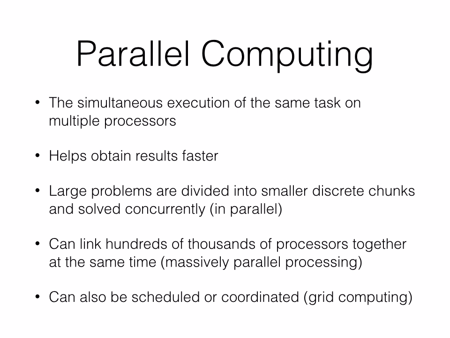So parallel computing is simply the simultaneous execution of the same task on multiple processors. This helps us do things faster. That's the number one reason we do parallel computing. It helps us take large problems and divide them into smaller, discrete chunks, solve those discrete chunks concurrently, and then bring it back into an ultimate solution.